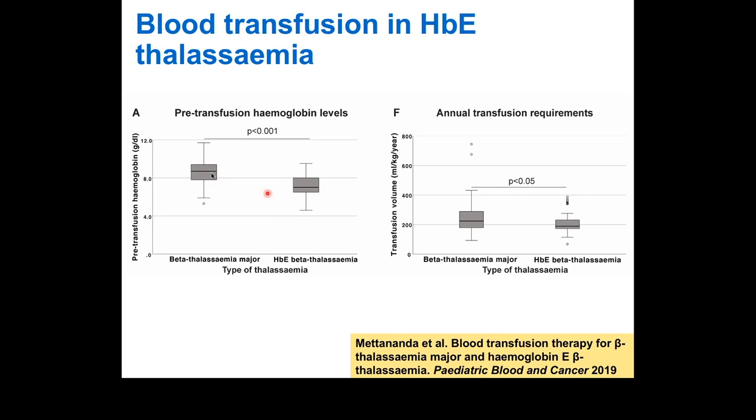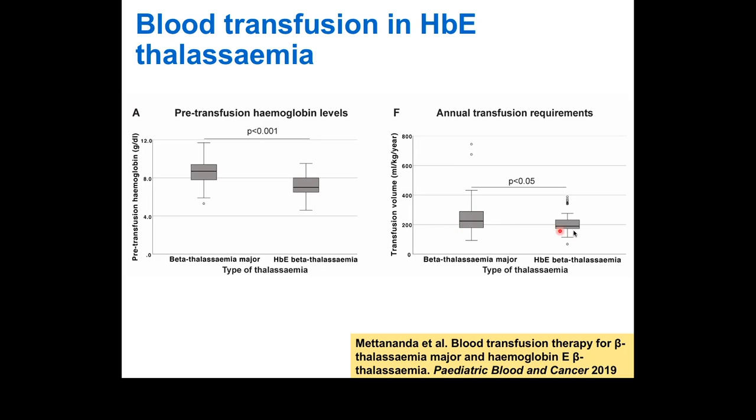As you can see in these graphs, patients with beta thalassemia major were maintaining significantly higher pre-transfusion hemoglobin levels compared to transfusion dependent hemoglobin E beta thalassemia. Here we have taken only the patients who have been managed as transfusion dependent hemoglobin E beta thalassemia.